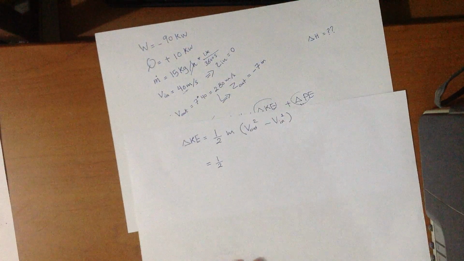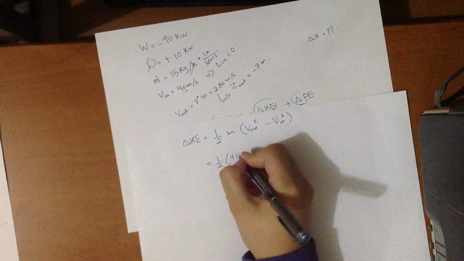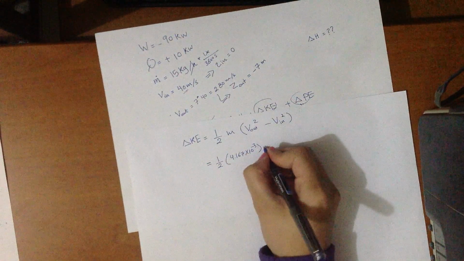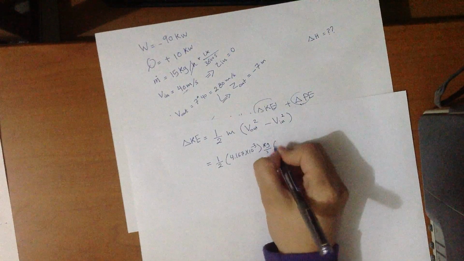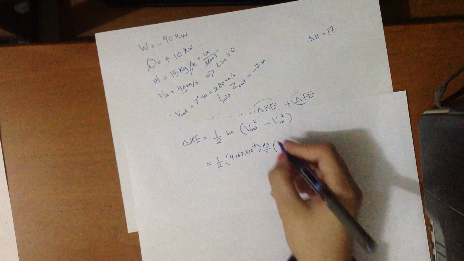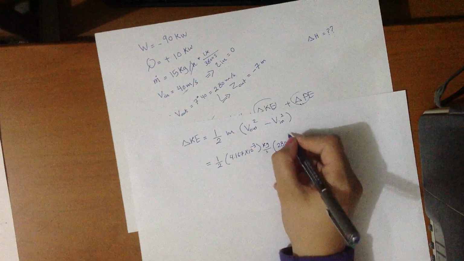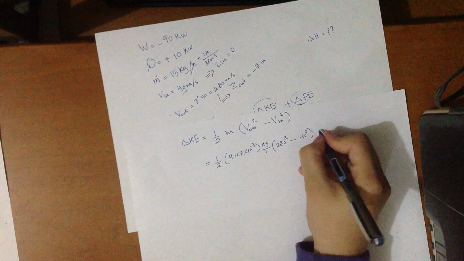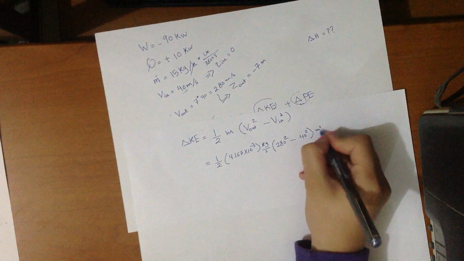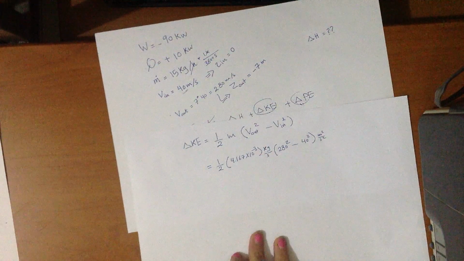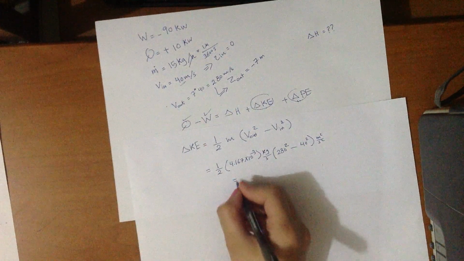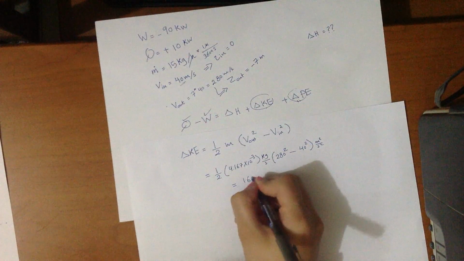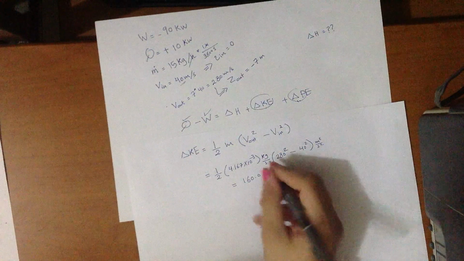Then the mass is 4.167 multiplied by 10 to the power of minus 3 kilogram per second, multiplied by 280 squared minus 40 squared, in meters squared over seconds squared. And then this is equal to about 160.